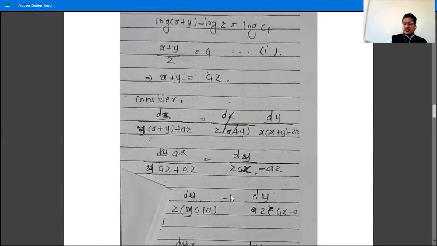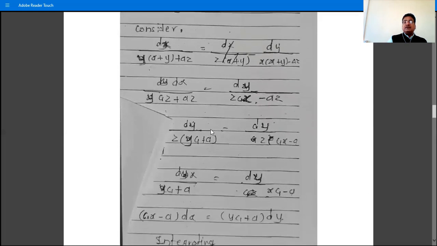And then what happened? We observe that there are only 2 variables, dx, dy and dz. So dy and dz, dy divided by z y c1.